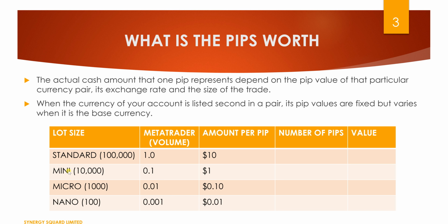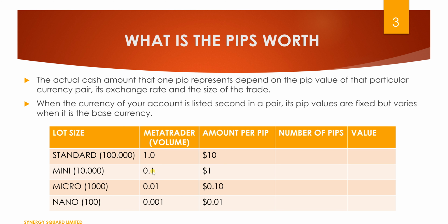Then a mini lot is 1/10 of the 100,000 units of currency, which is 10,000 units that you can control with a mini lot size. So this 10,000 units times 10 gives you 100,000 units. The volume for you to trade in MetaTrader, you will see it represented with 0.1.